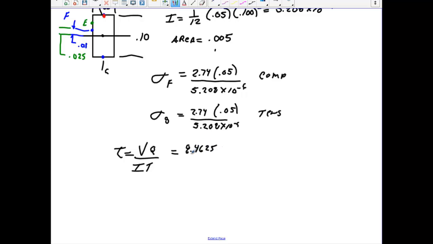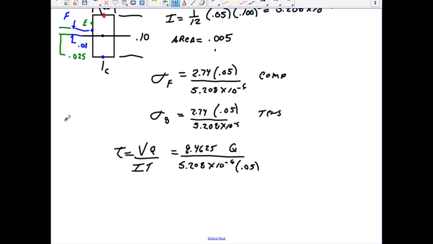I will divide it by the moment of inertia. My thickness is going to be this thickness right here, which would be 0.05. And this is going to be my Q value.